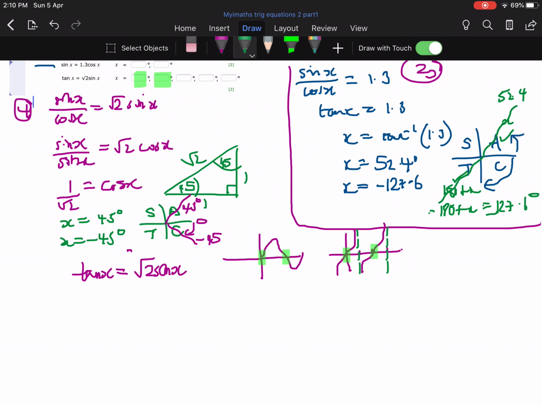I know that when I make these equal to each other, now yes, it's root 2 sine x, but all that means is the amplitude is root 2. That's still going to cut at the same angles. It's just the maximum minimum height has changed, but the intersections with the x-axis still remain the same.